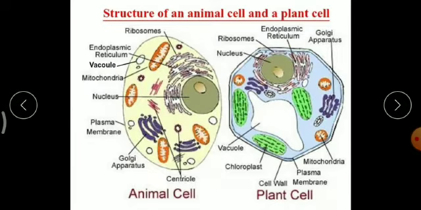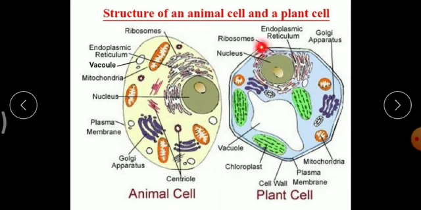Now we can compare the animal cell and plant cell. So we can see here the nucleus in both animal cell and plant cell. Here, in the animal cell, no cell wall is present, only the cell membrane is present.